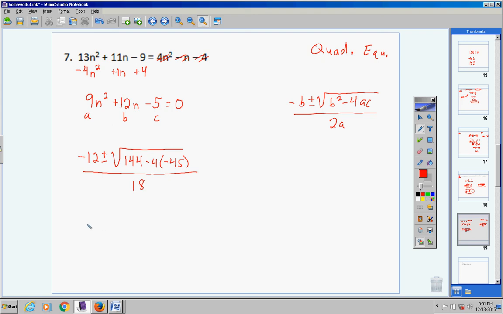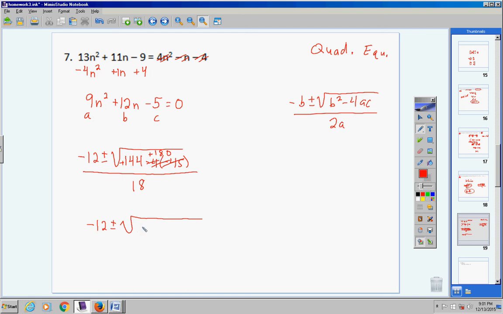Okay? Now, next, I have a negative times a negative will give me a positive, and 4 times 45 would be 180. Okay? So I have positive 144 and positive 180. And that's going to give me 320. Actually, I'm not sure why I put this here. I have a positive 144 and a positive 180.